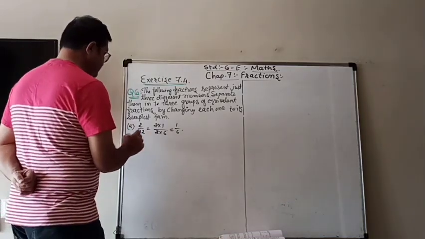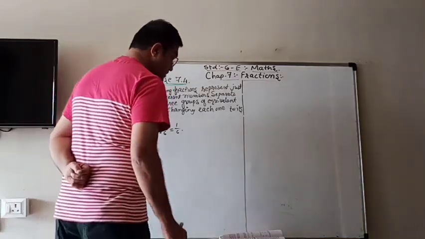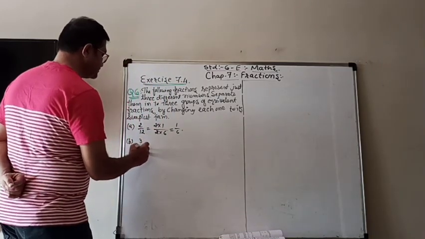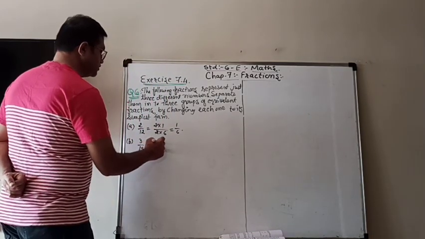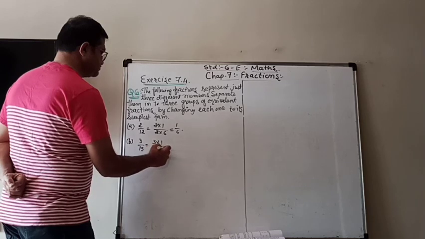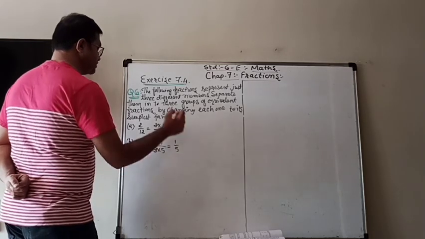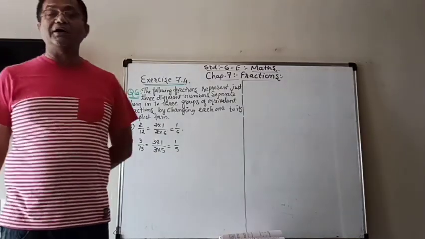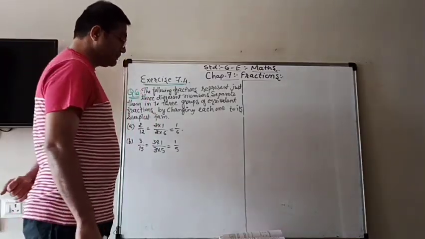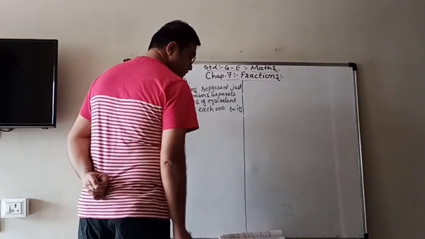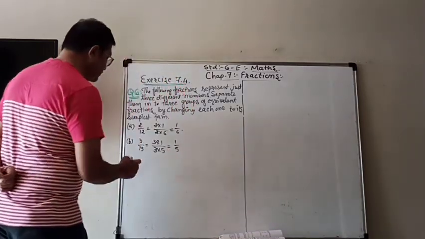Take the second one, B. B is 3 upon 15. So 3 1s are 3, 3 5s are 15, 3 and 3 cancel. So you get 1 upon 5 as the simplest form. Third, C is 8 upon 50.